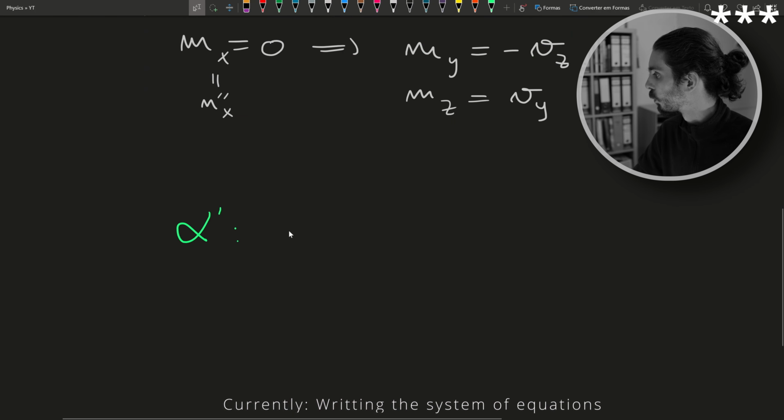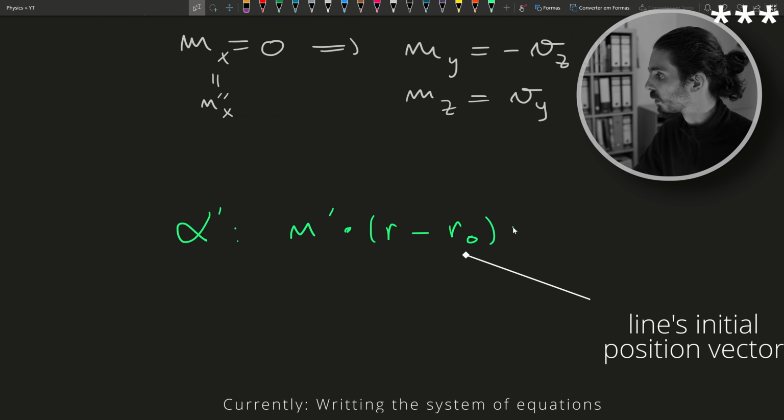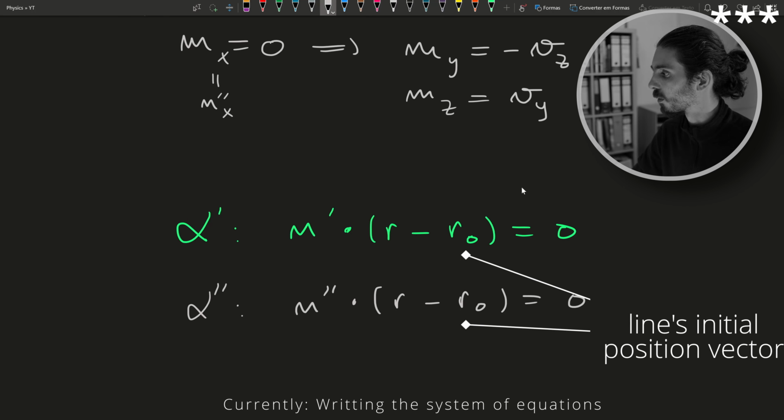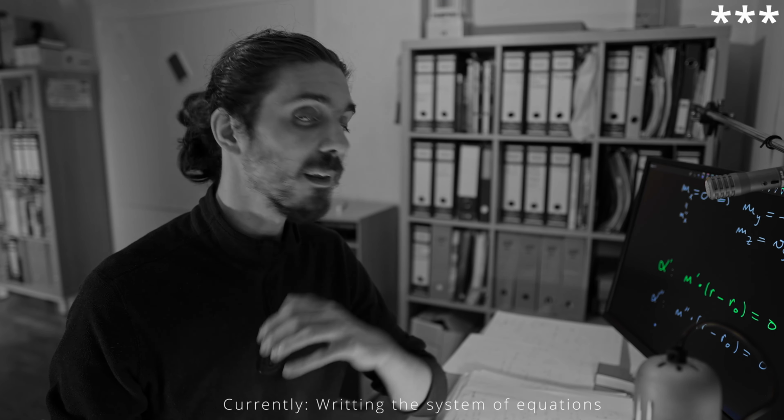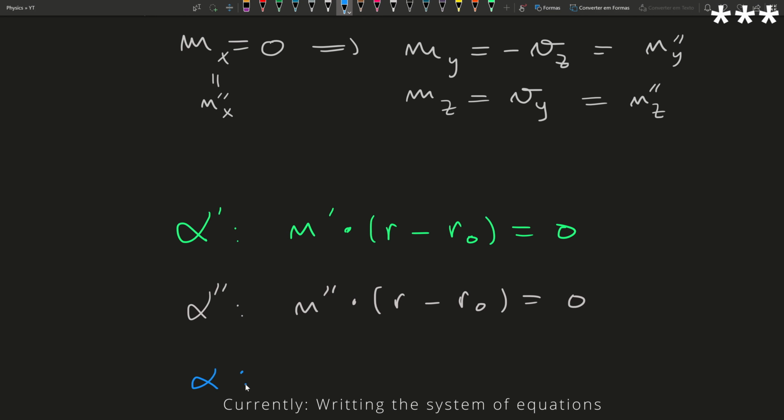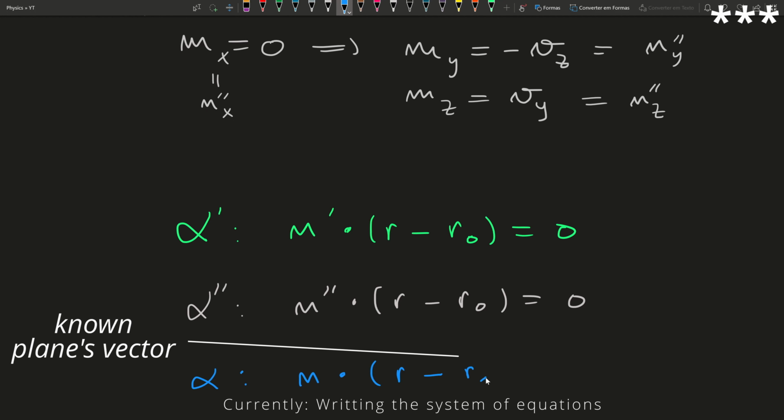Alpha prime, which is n prime dotted with r minus r0 equal to 0. The plane alpha double prime, which is n double prime we just found, dotted with r minus r0 equal to 0. On top of this, we add the original plane, alpha, which is n dotted with r minus r1 equal to 0.